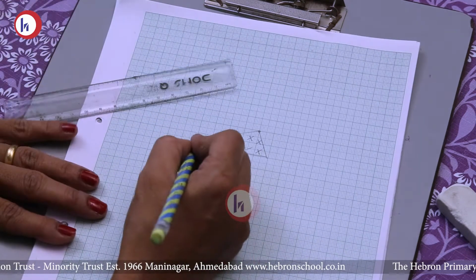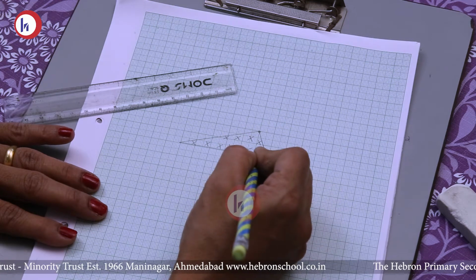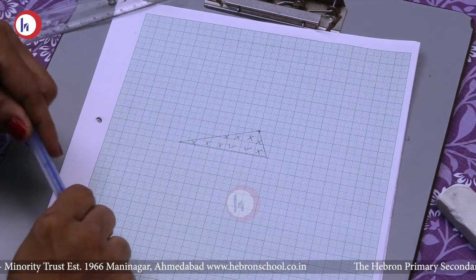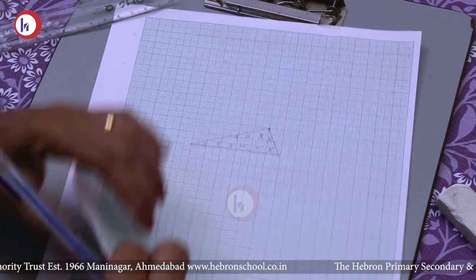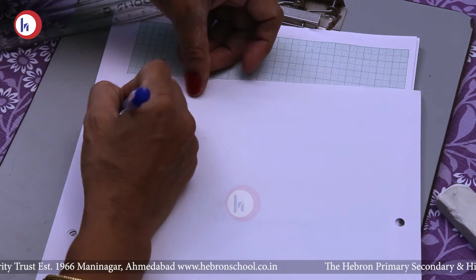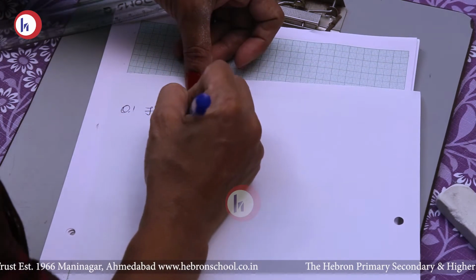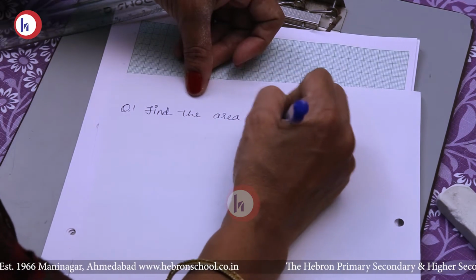How many half? 1, 2, 3, 4, 5, 6, 7 and 8 halves. And 2 whole squares. Okay? Find the area of the shape.